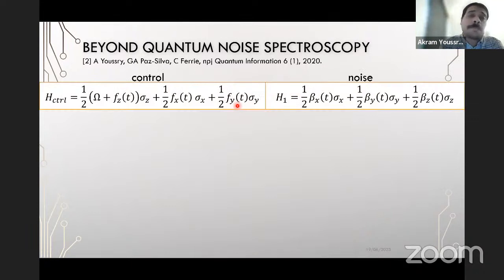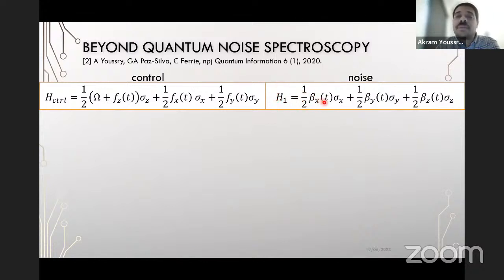So if we look at what Hamiltonians look like in this situation, you'll have a control Hamiltonian and a drift. This is like a qubit, so you have the Paulis and you have control over the Paulis, and you have a drift term. And you have a noise term, which would be like a stochastic Hamiltonian.